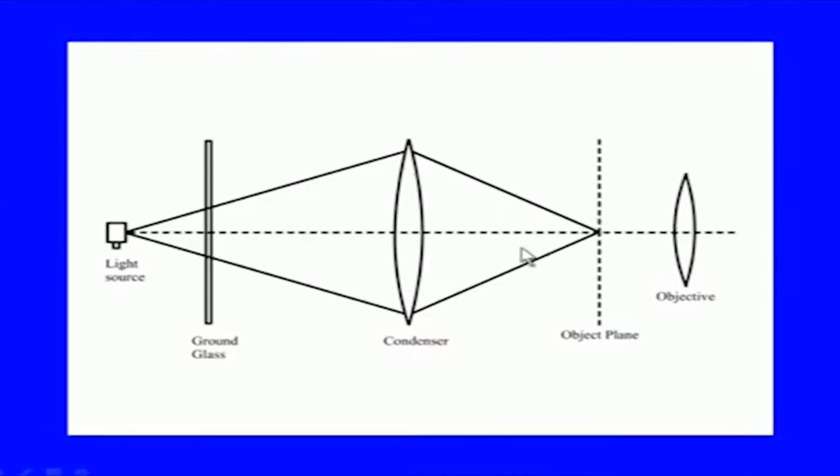Finally, the diffracted and non-diffracted light will enter the objective. So, critical illumination is a simple illumination, but it has now been replaced by Kohler illumination, which is much more intense and precisely controlled compared to critical illumination.